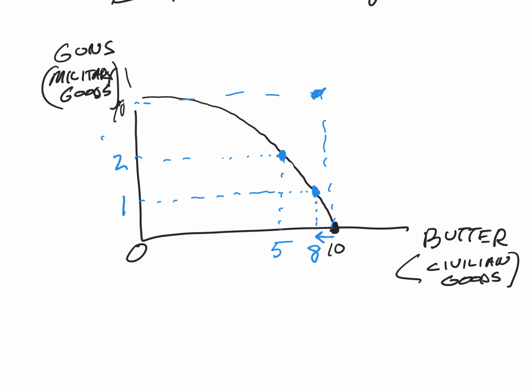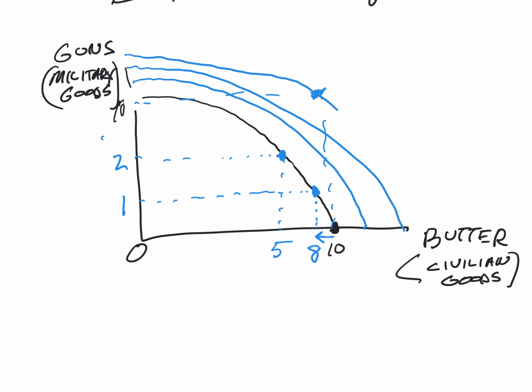See, the thing about this curve is that over time it shifts out. As resources increase, as better technology comes along, this curve will shift out. So in the future, this point right here that was unattainable back at this point in time is available now.